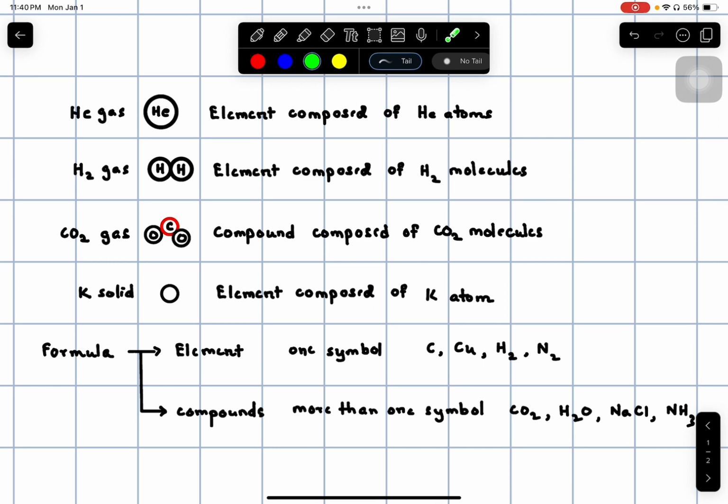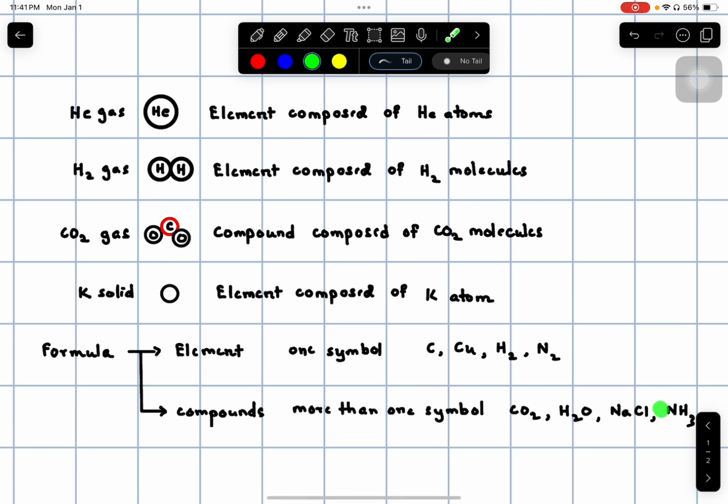Another way to try to see this is by using the formulas as well. If we have only one symbol, such as carbon, copper, hydrogen, and nitrogen, only one symbol for the name, then that will be an element. If we have more than one symbol for our substance, such as carbon dioxide, there is C, there is O. For water, there is H, there is O. For NaCl, sodium chloride, there's Na, there's Cl.